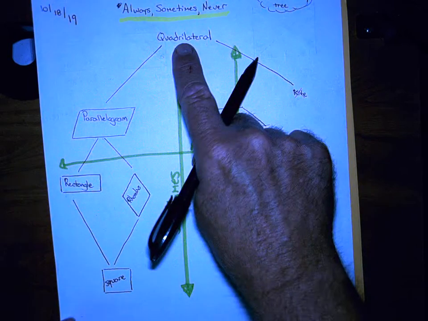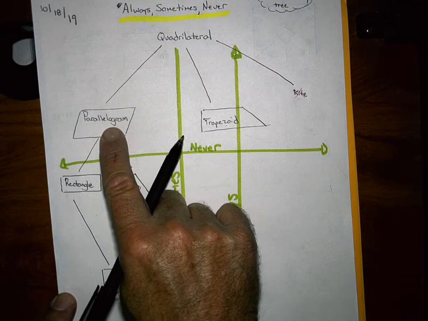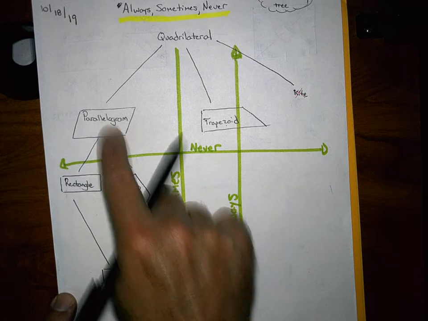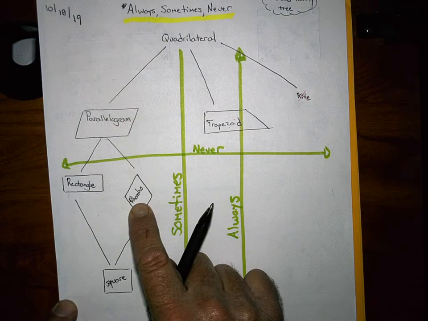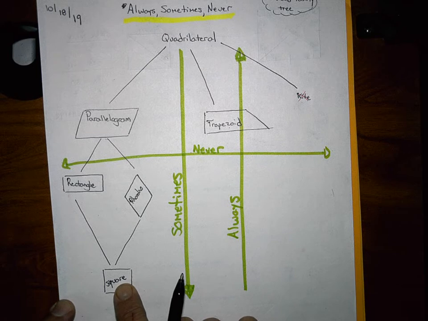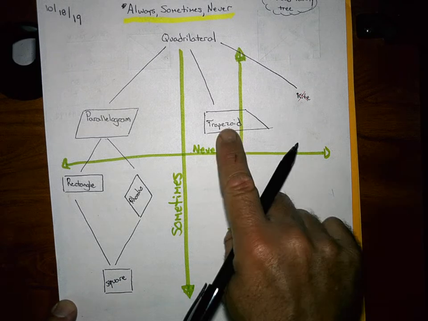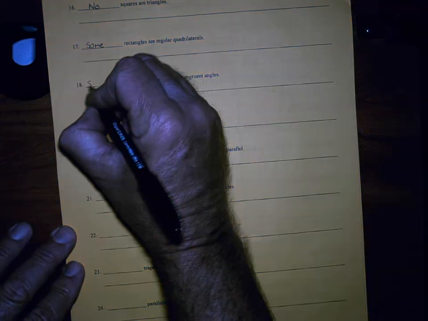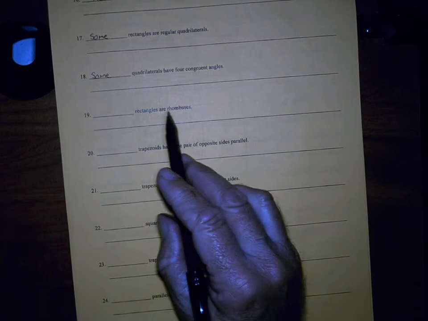So we're going to start here. 4 congruent angles, no. 4 congruent angles, yes. 4 congruent angles, no. 4 congruent angles in a square, yes. No in a trapezoid. Now remember, if you get some yeses and some nos, the answer is sometimes. Number 18 is sometimes.